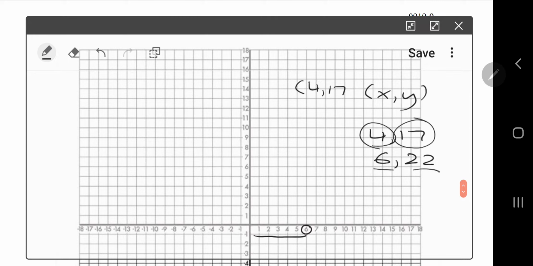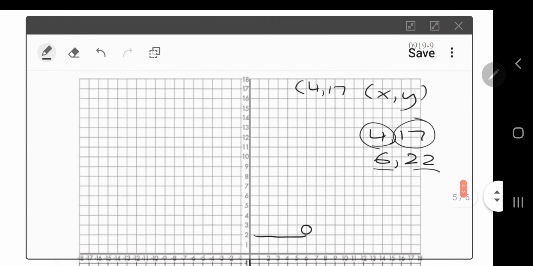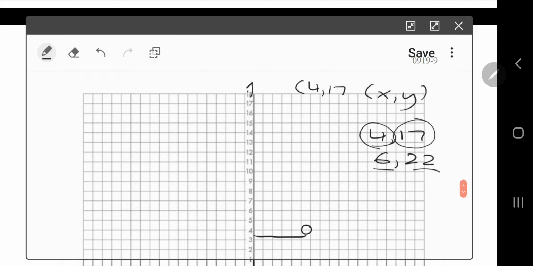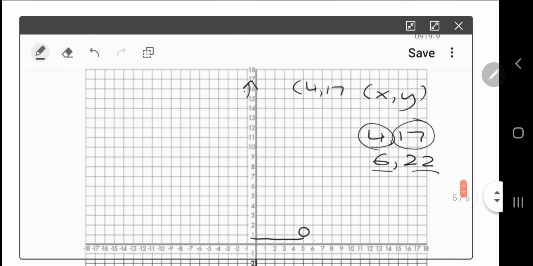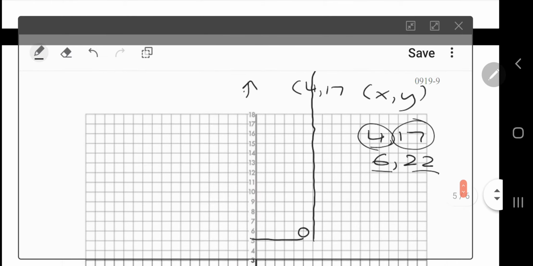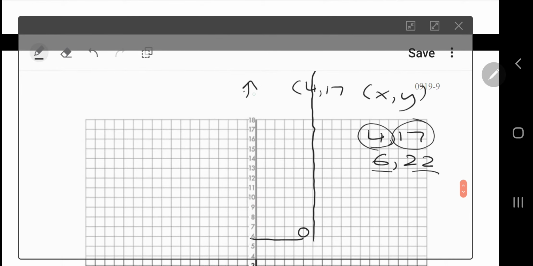And basically what you would do if this graph was bigger is it would keep going up to number 22, and all you would do is just match with it. So you would be going up from the 6 all the way up and matching it with the 22, which I assume would be somewhere around here. And you would graph it. So it would be somewhere there.